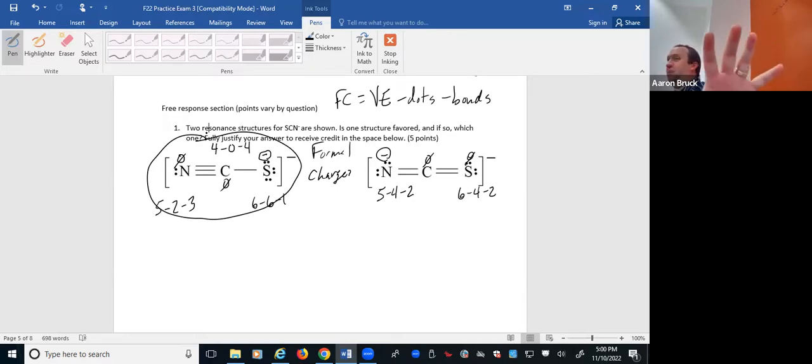I actually accepted both answers, provided that the reasoning behind them was correct. So it was kind of an all or nothing kind of thing. You had to choose an answer and defend it with proper logic and reasoning to get the full credit for the response. Otherwise, you really couldn't get too much partial credit off of it.